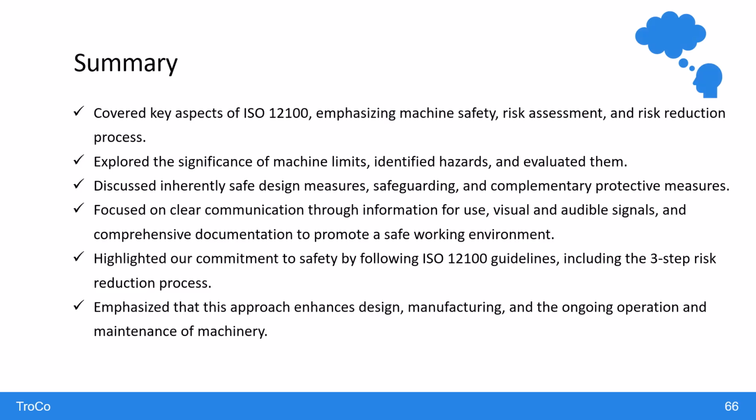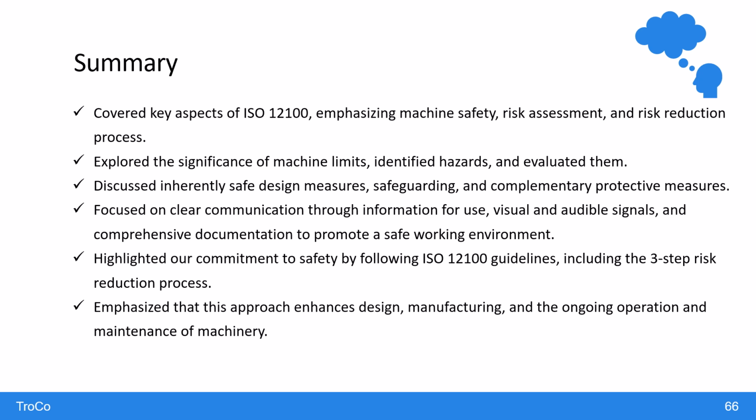Let's wrap up with a quick summary. In this course, we covered key aspects of ISO 12100, focusing on machine safety, risk assessment, and risk reduction. We examined machine limits, hazard identification, and risk evaluation. Inherently safe design, safeguarding, and complementary protective measures were highlighted as essential for maintaining safety throughout the machine's life cycle.